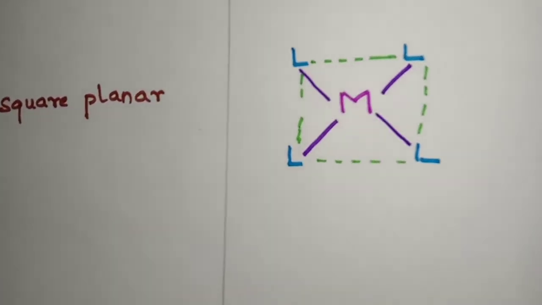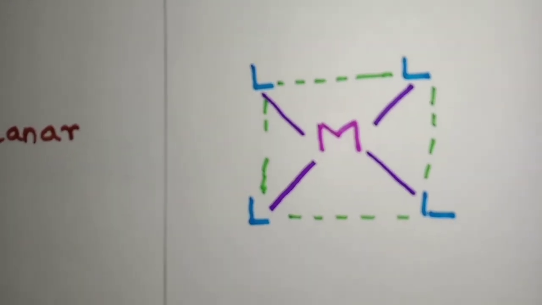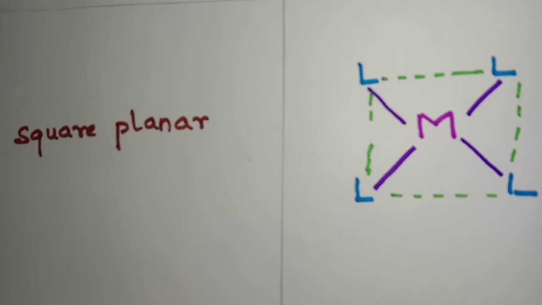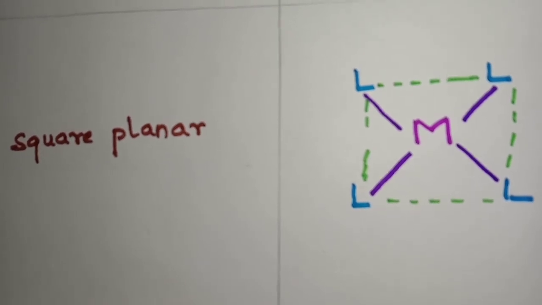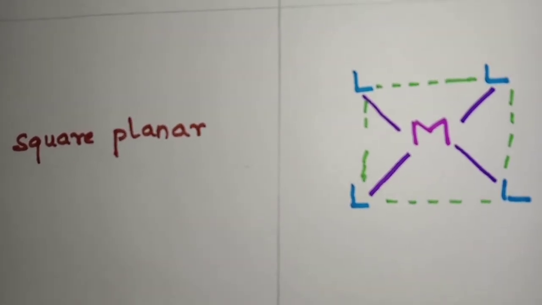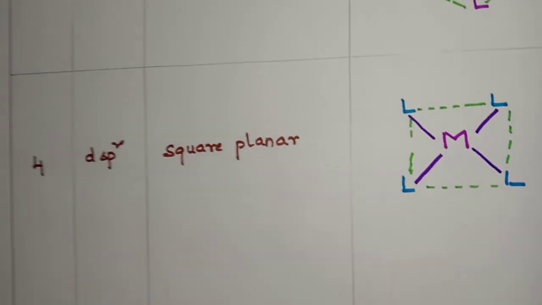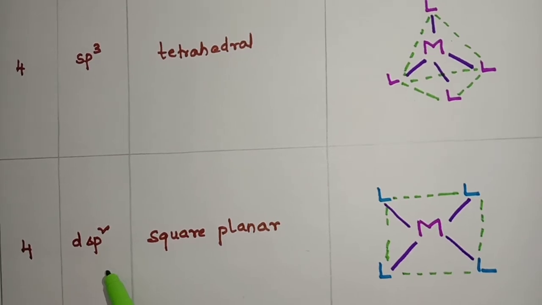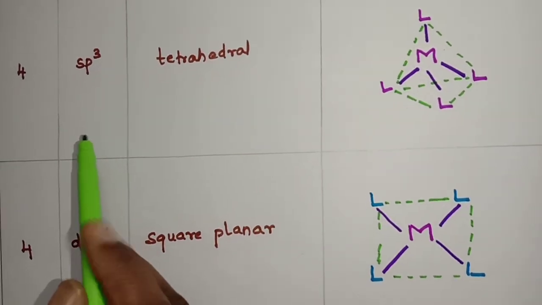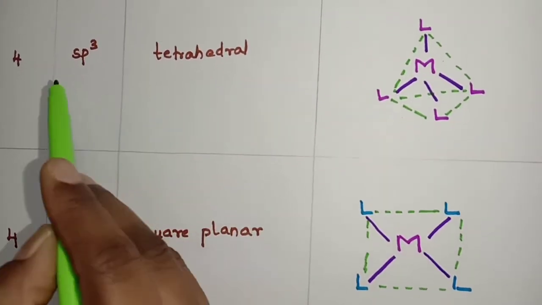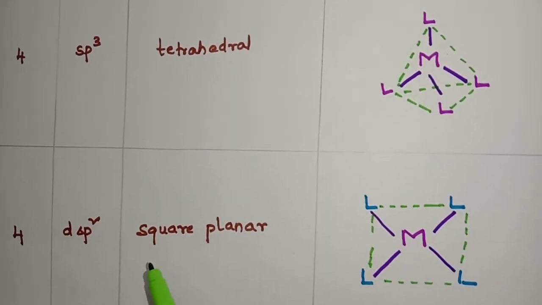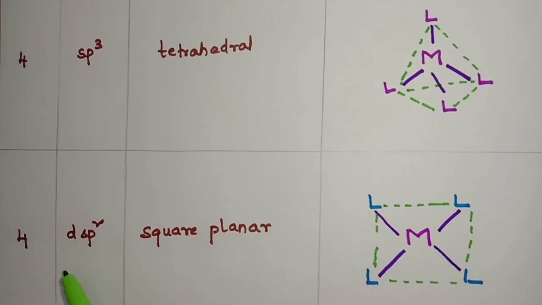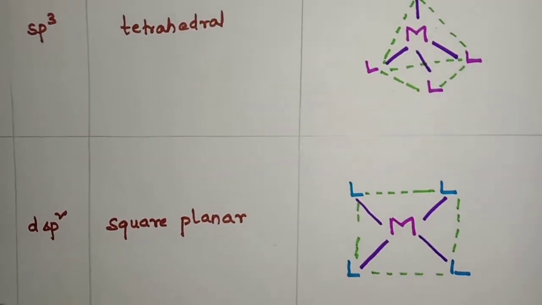So this is the structure of the complex when its shape is square planar. Students, when the coordination number is 4, the hybridization might be sp3 or dsp2. Depending on the hybridization, the shape would be tetrahedral if it is sp3 and square planar when the hybridization is dsp2. Next, moving on to the next type.